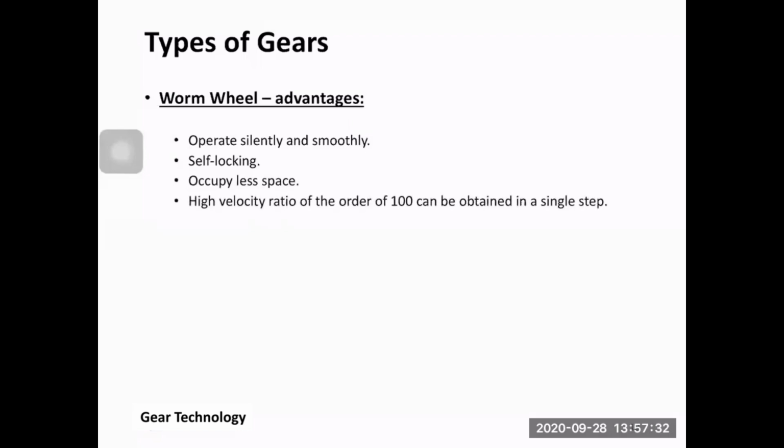They have here a high velocity ratio. It's like in the order of 100, for example. So you can reduce the rotational speed by 100 times, for example. So it means that if the worm rotates 100 times, the wheel rotates only one rotation, which is a very, very high velocity ratio in one step.